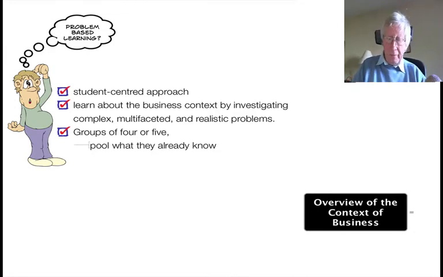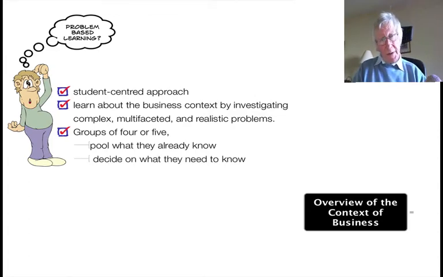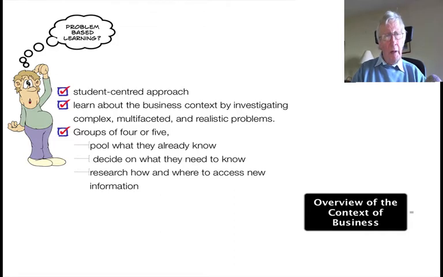Maybe that might not be very much. Then they go on from there to decide what they need to know, what they have to find out, where are the gaps in their knowledge. Then from there, work out how to do the research to find out the new information. And of course, with a group of 4 or 5, the sensible thing to do is divide up these tasks between different members of the group.